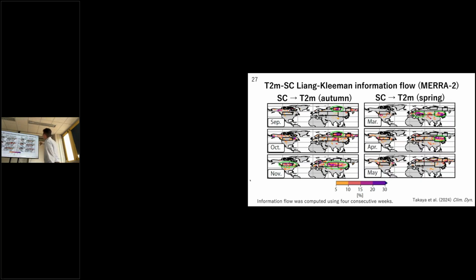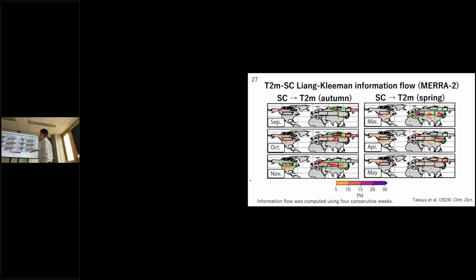Now I'm showing on the left the same figures, and the right figures show the results for the spring. If we look at the spring, we found some sensitive regions here, here, here. But the figure in autumn is not a mirror image of the spring.